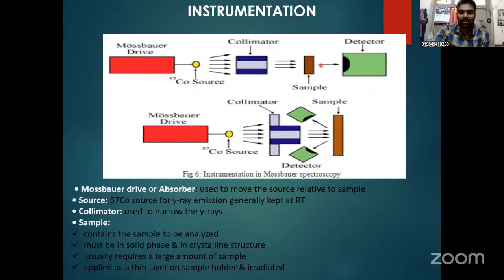The sample must be analyzed, and it must be in a crystalline structure or solid phase. It requires a large amount, applied as a thin layer on the sample holder and irradiated. Okay, and it is subjected to these gamma rays.